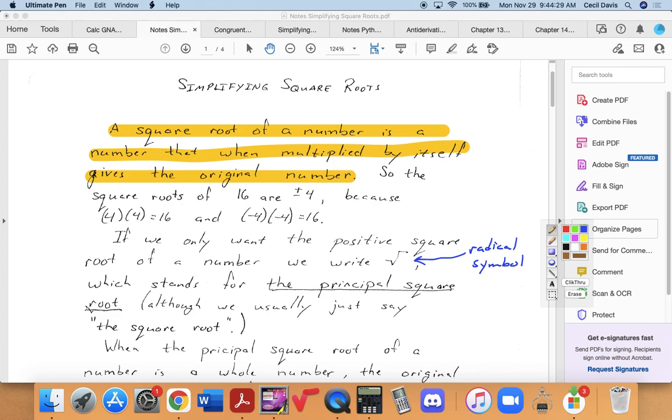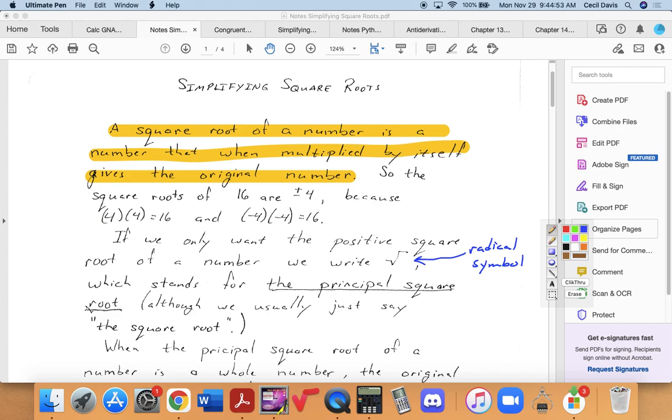Now, normally in everyday speech, when you think about something that is radical, what do you think about? If something is radical, or someone is a radical, like a crazy person, they have ideas that are way different than what most people believe, right?